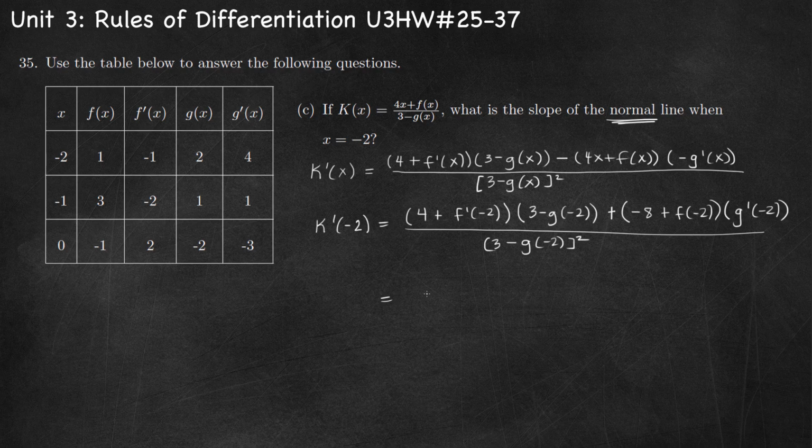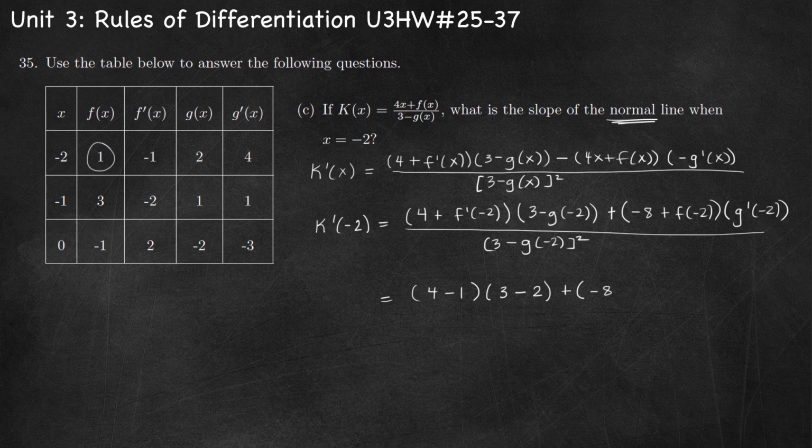So that's going to equal 4 plus f prime of negative 2 is negative 1. So 4 minus 1 times 3 minus g of negative 2. G of negative 2 is 2 plus negative 8 plus f of negative 2.